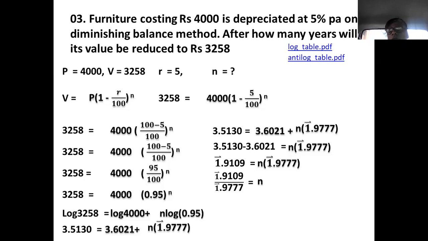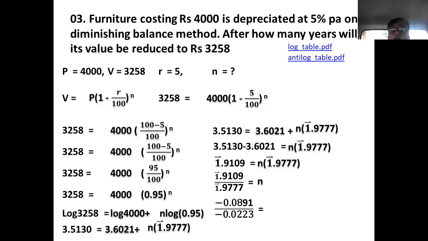0.9777. Okay, you see here its value is, if you deduct in the numerator part 1 minus 0.9109, its answer is 0.0891.